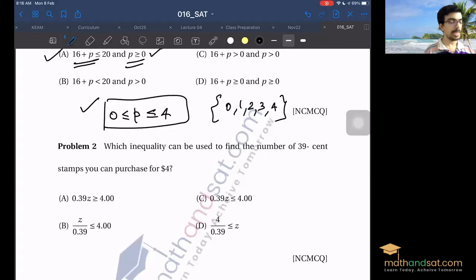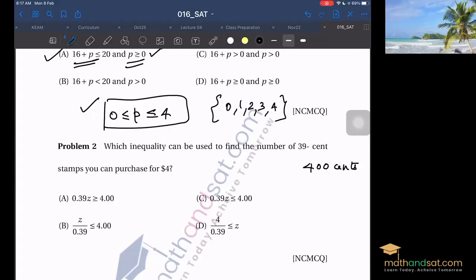Yes. Next question. Which inequality can be used to find the number of 39-cent stamps you can purchase for $4? You have $4. $4 is nothing but 400 cents. Now the maximum number you can purchase is, what is the maximum number you can purchase?